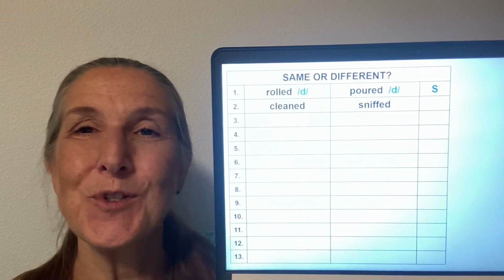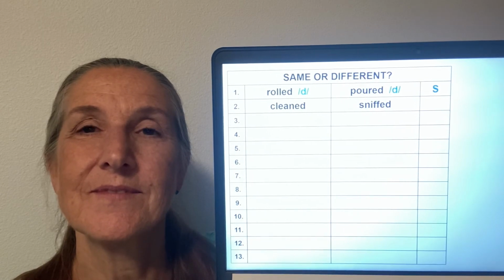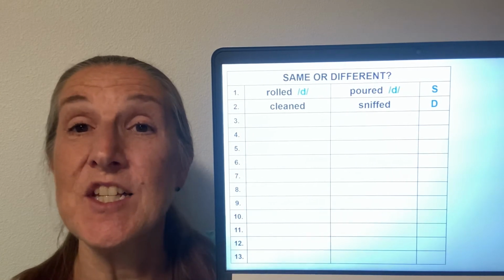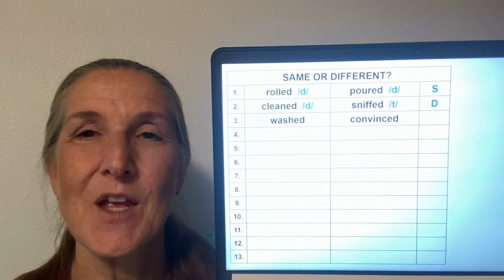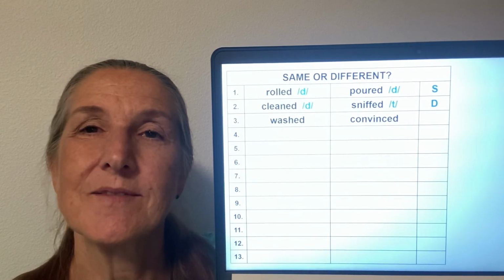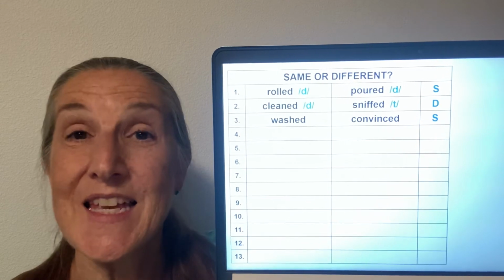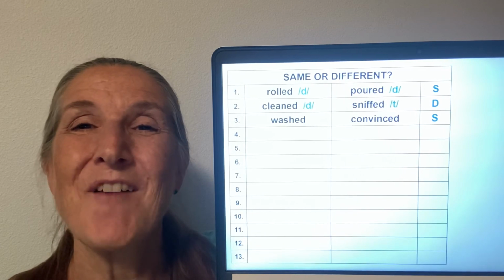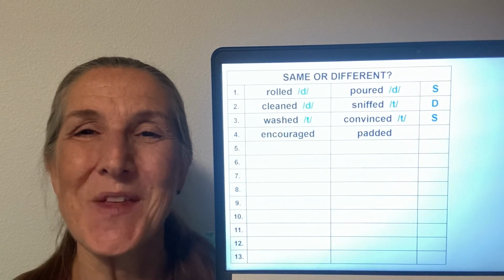What about row 2? These are different. Cleaned has the D sound, but sniffed has the T sound. What about row 3? These are the same. Both washed and convinced have the T sound because they're voiceless right before the ED.